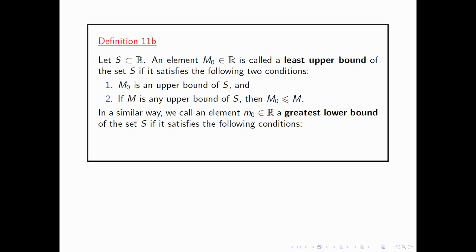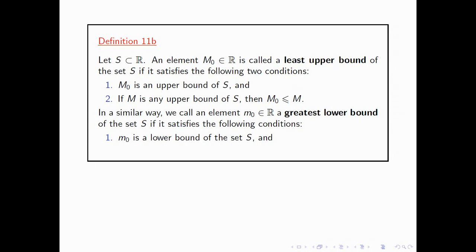We've got a parallel concept of greatest lower bound. So least upper bound, greatest lower bound. We call an element lowercase m naught in R a greatest lower bound of the set S if it satisfies the following two conditions.